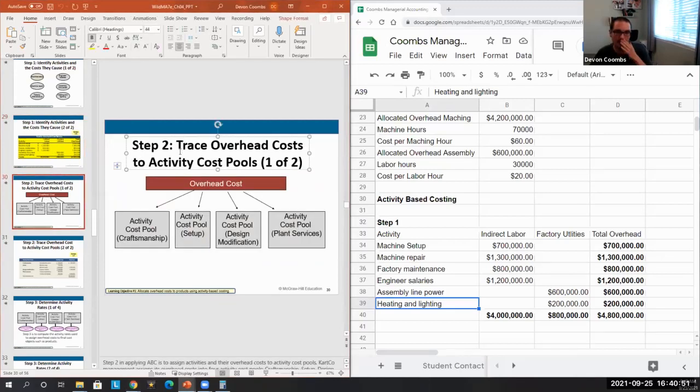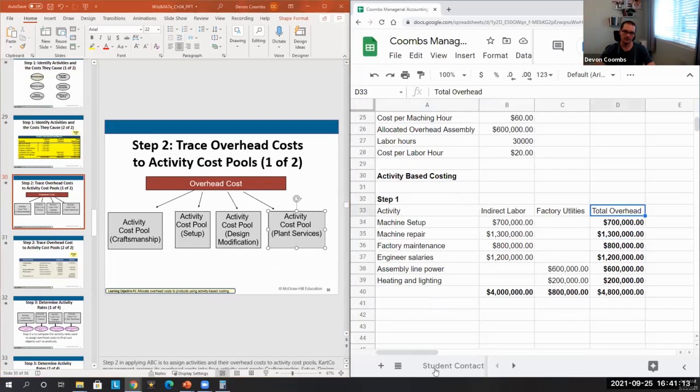And now we're going to say, okay, what are our activity pools? Like, after observing all of this, what's really driving these costs? And we're saying here, the accounting manager determined there's craftsmanship, setup, design, and plant services. These are the main activities driving these overhead costs.